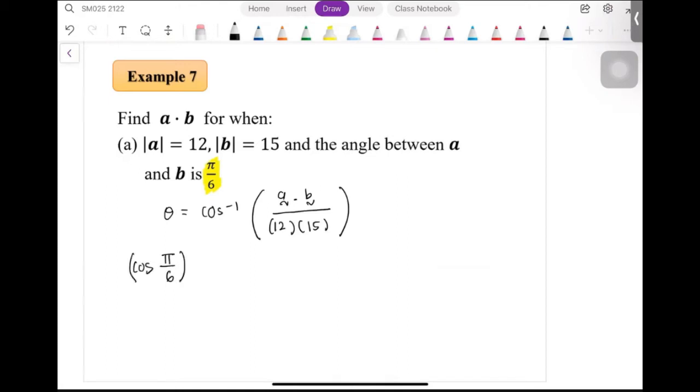In this case, cos pi over 6 times 12 times 15 will be equal to A dot B. Next, you just have to compute it using your calculator. Make sure to use radian mode as pi over 6 is in radians. So our final answer for this part, A dot B, is basically 90 root 3. Make sure whenever you perform the dot product between two vectors, you will get a scalar as your final answer.